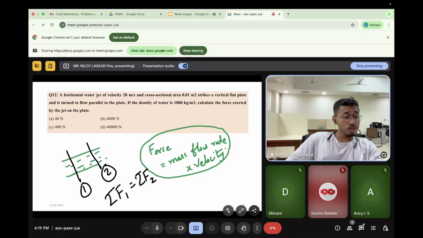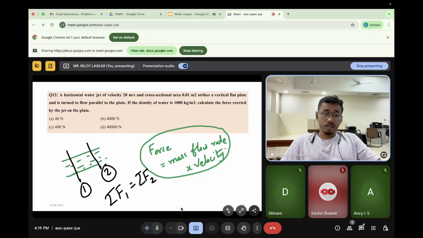Shivam and say everyone. Sachin has already answered option B. Okay, let's see. I am giving you 1 or 2 minutes to solve this one.